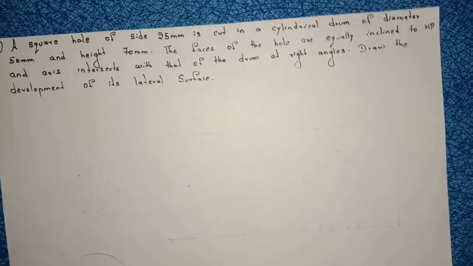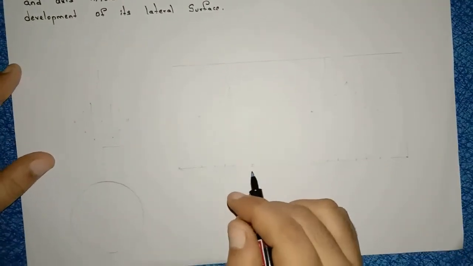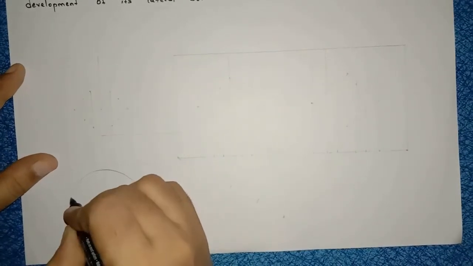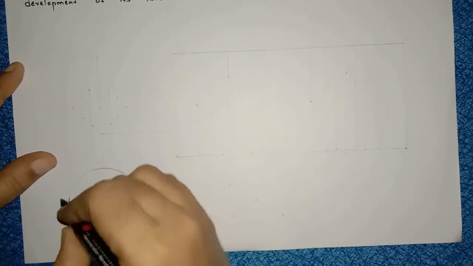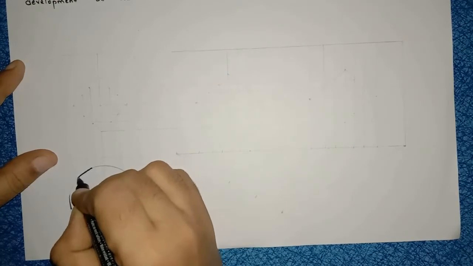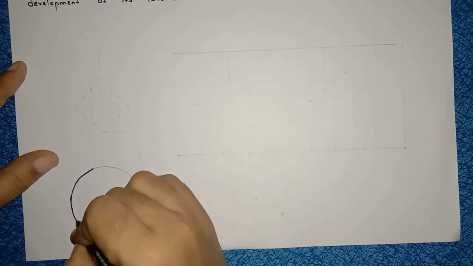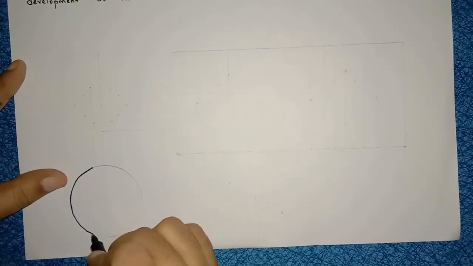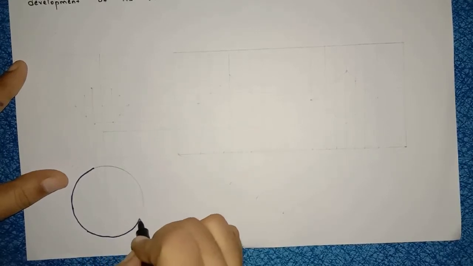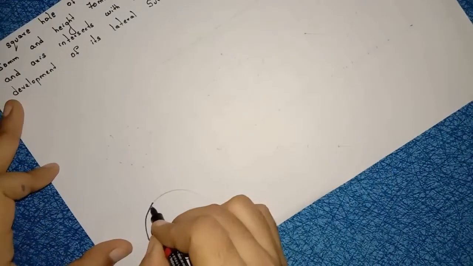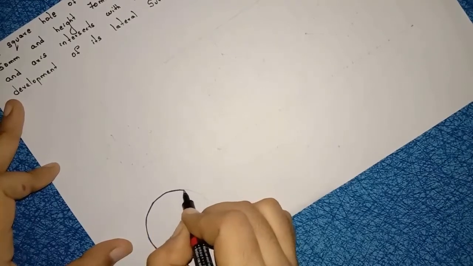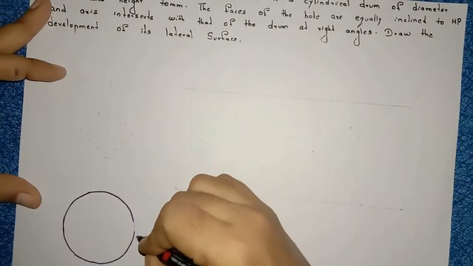So first let us construct the cylindrical drum of diameter 50 mm. So we have already constructed a circle here. First construct the circle of diameter 50 mm. Right, so radius is 25 mm.